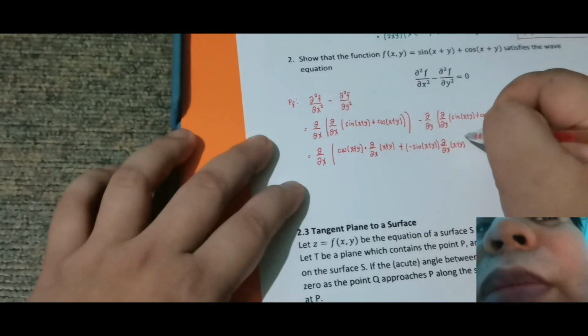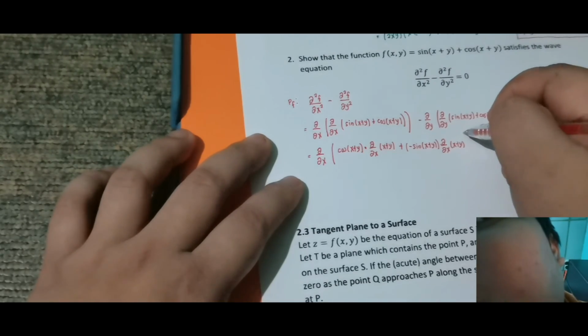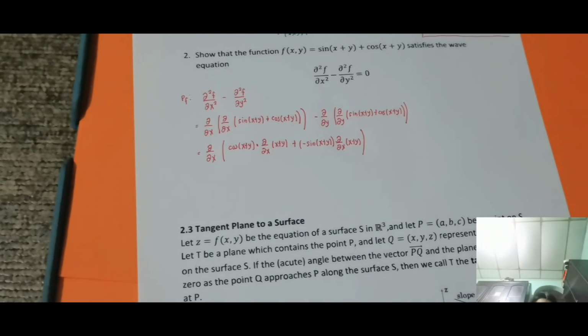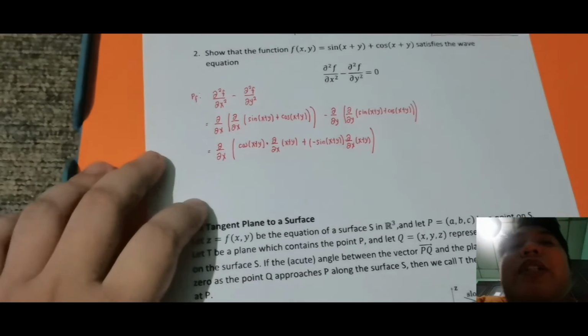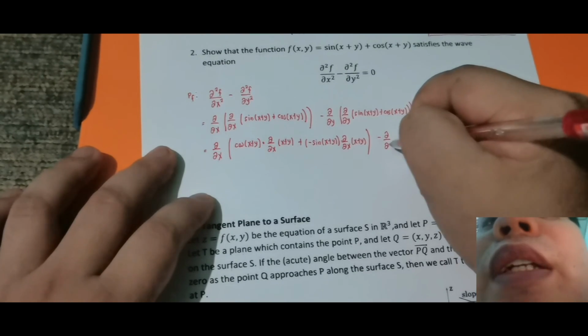So again, pinapakita ko to para makita nyo or ma-appreciate nyo yung solution actually. Okay, so hoping na tama yung aking pag-differentiate. So this is just minus partial derivative with respect sa y.